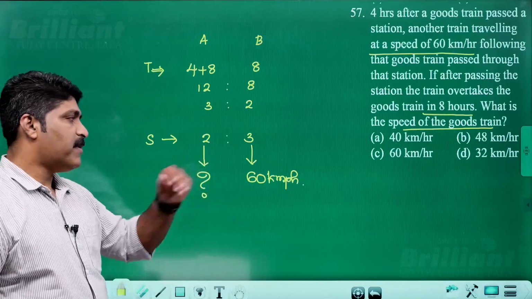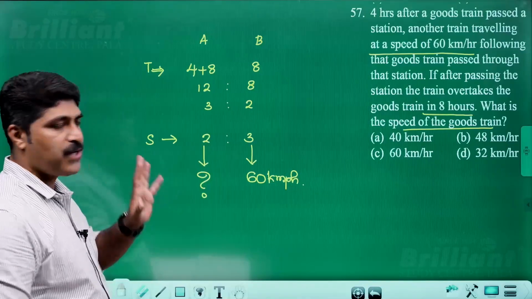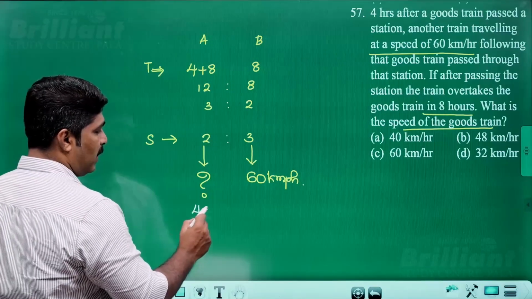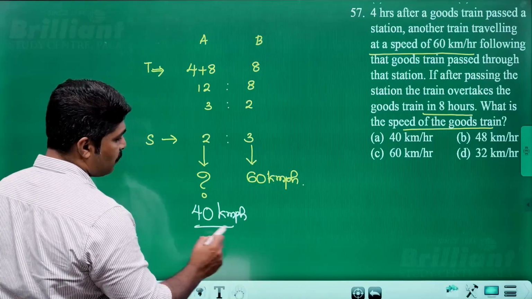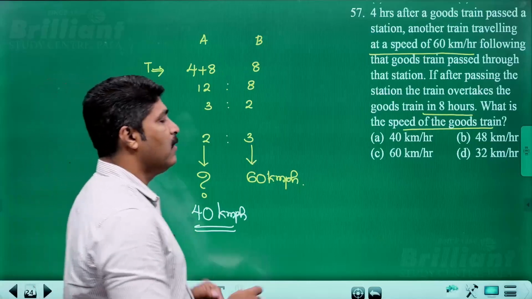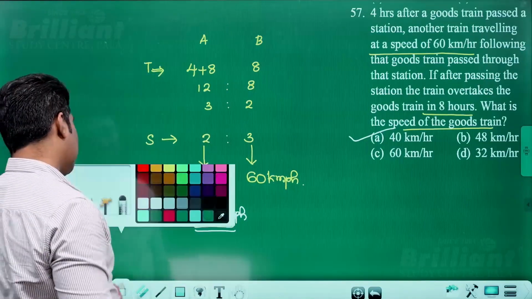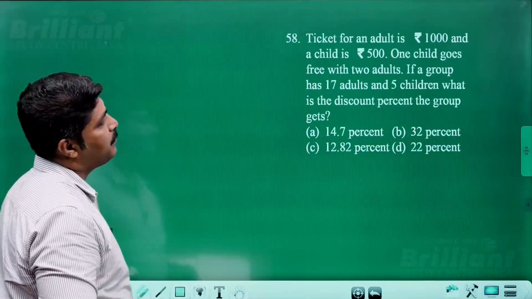If 3 is representing 60 km/h, what is the speed of this first train? If 3 is 60 km/h, this is 40 km/h, because 2 is representing 40 km/h. Clear? So that's a tricky approach in this type of question, the ratio-wise approach.